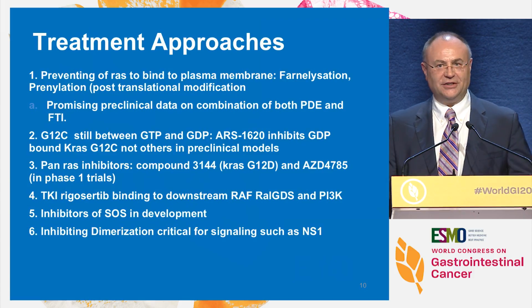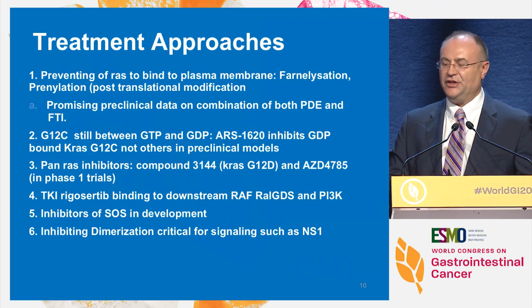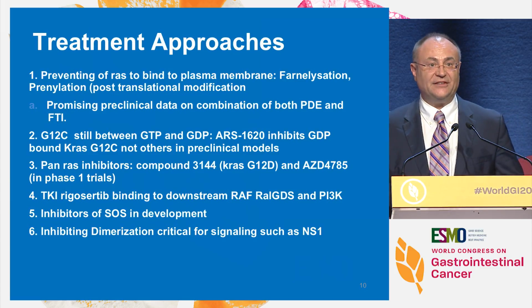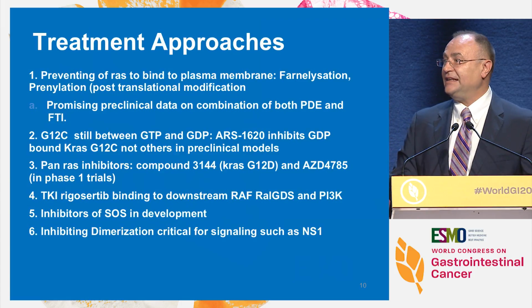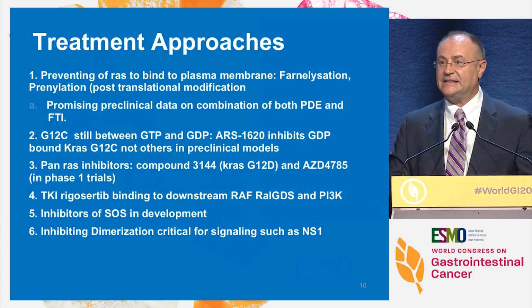It seems logical to do just a pan-RAS inhibitor, and there are some data with 2 compounds. One of them is in phase 1 clinical trials, but the data are still pending if this is successful based on the specific conformation and interaction of each hotspot mutation.